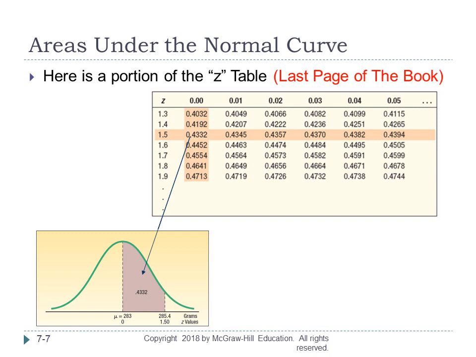When converted to a z-value, it is 1.50. The probability that x, the normal distribution value, is between the mean, which is 283, and 285.4, is the same as the probability that z, the standard normal, is between 0 and 1.5.